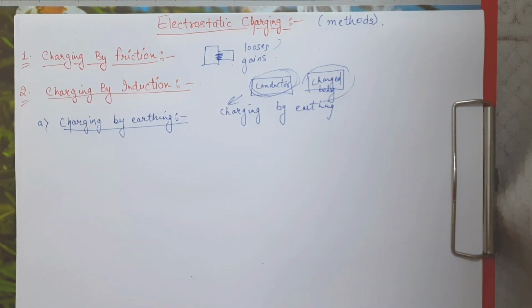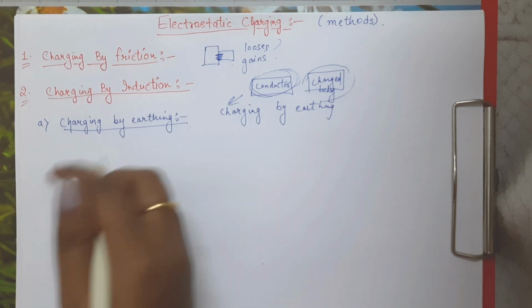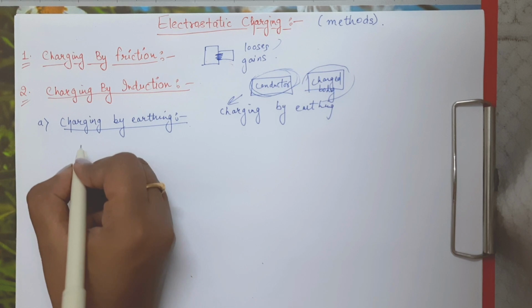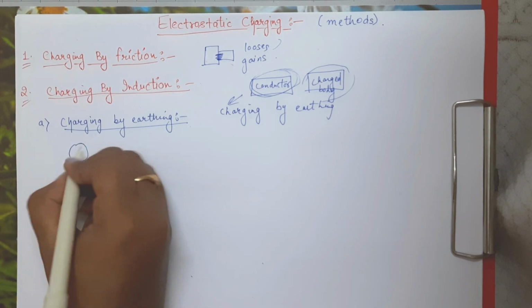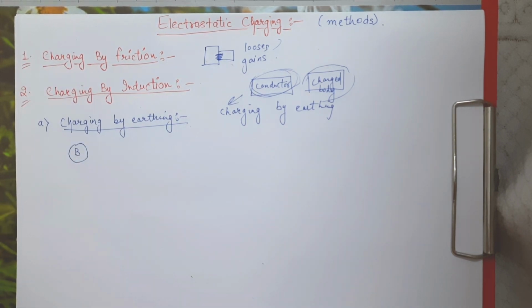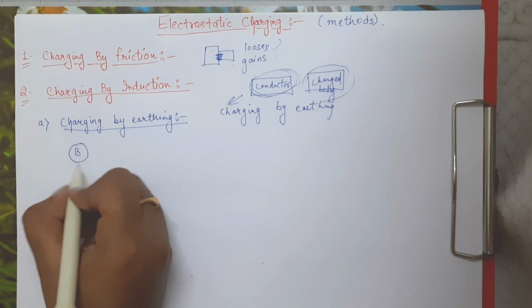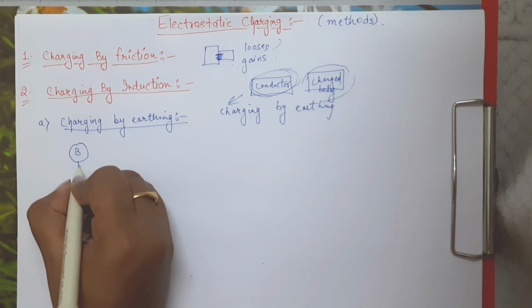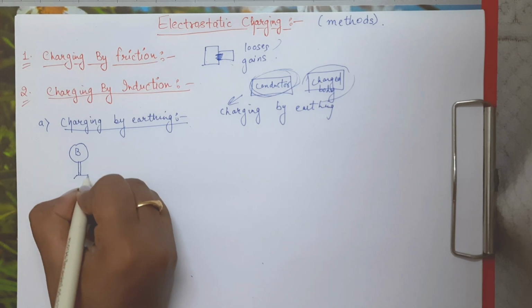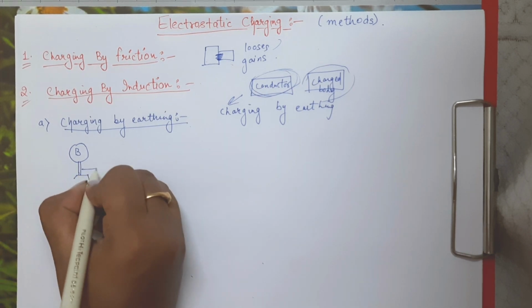So basically this is the first method, that is charging by earthing. Now suppose this is a metal ball. So this is a conductor. This is a metal ball which is on an insulated stand.